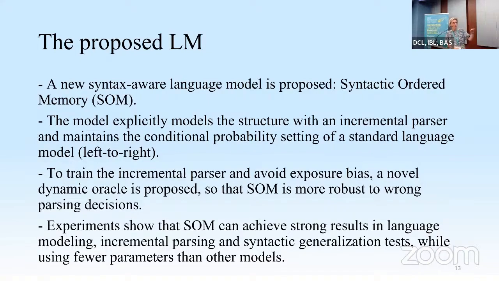On top of that, they also use a dynamic oracle to predict the next token, what comes next, and to prevent the model from making wrong decisions. And what is the moral here? Experiments show that this syntactic ordered model can achieve strong results in language modeling, incremental parsing, and syntactic generalization tests.